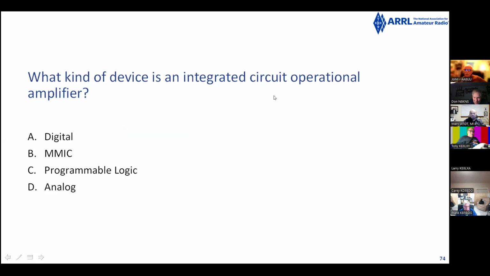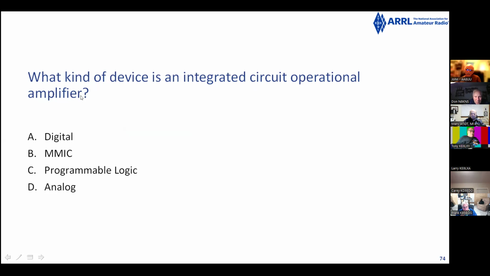Anyways, an op amp, it's one of those catchphrases, I guess. If you knew what it was, the answer would be obvious. Well, you could look at it. It says it is an amplifier.